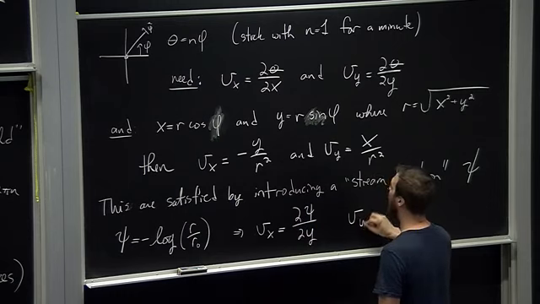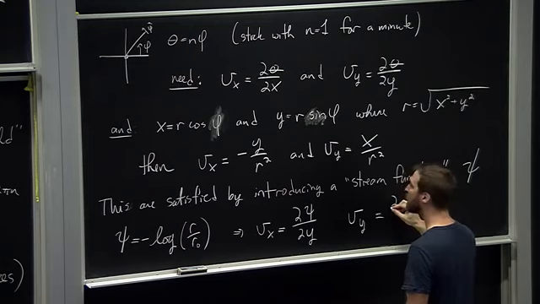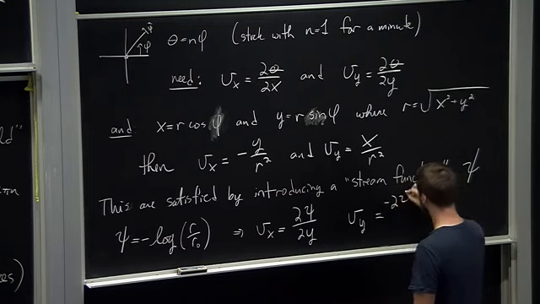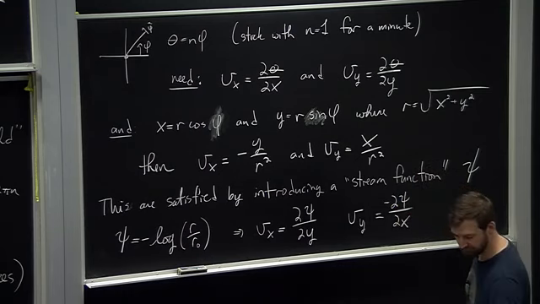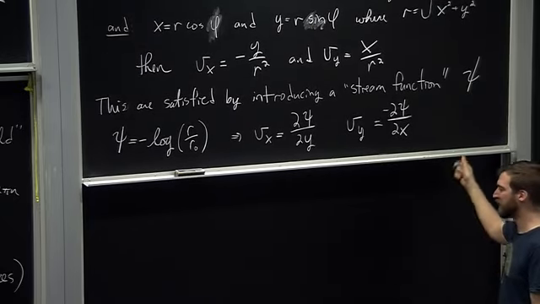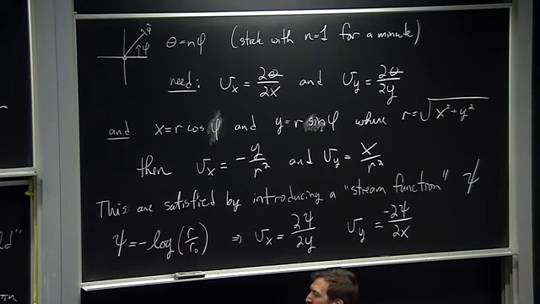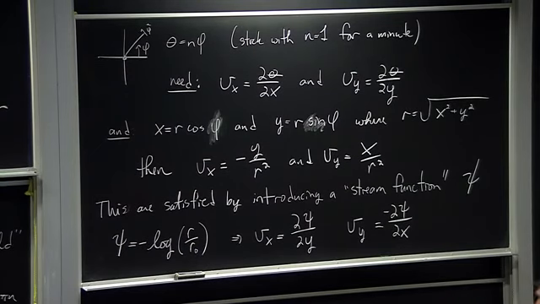And vy, which is this one, should be the minus, I think. Yeah, minus with respect to x. Okay, that's just sort of a mathematical mechanism, but it's going to be useful. Okay, good.